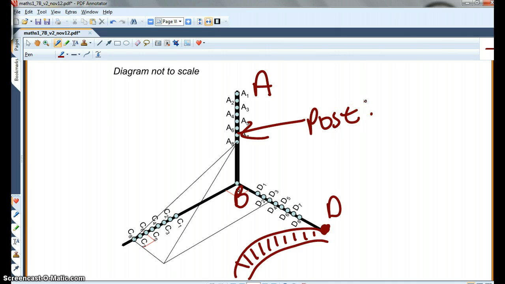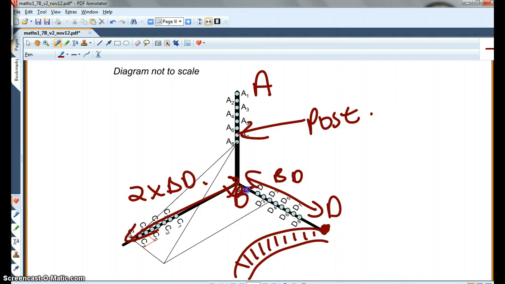And then this here is length BD, and what I actually said was imagine that this is just twice BD, and that's a right angle. Rather than, I don't want to put a sticker on the concrete, it's too complicated. So at the moment we're just using the corner of the garden, and we're just saying it's a right angle and that's twice that length.